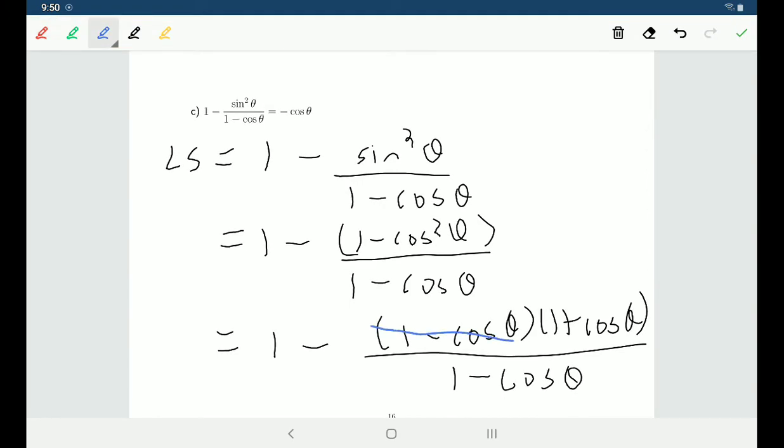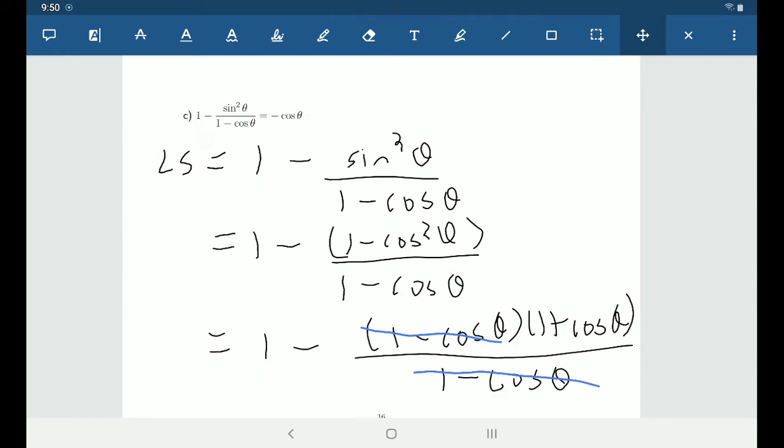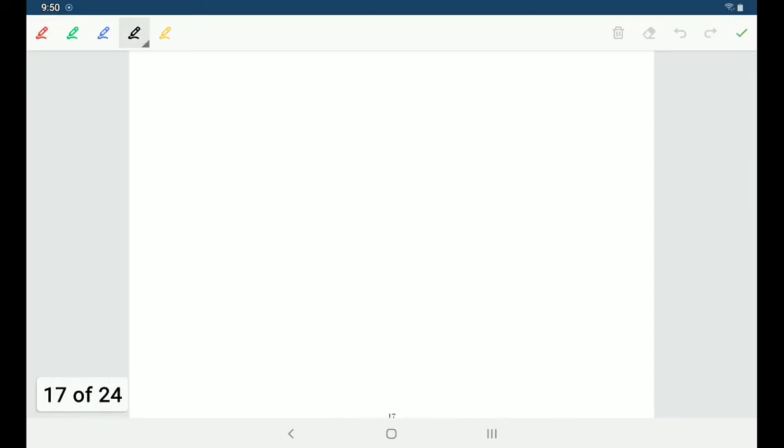This is a good sign because notice on the right side of our equation we don't have a denominator, which means that at some point that denominator needed to go. And it looks like that now is the spot where it does. So what we are left with is just the 1 minus and then the 1 plus cosine of theta.